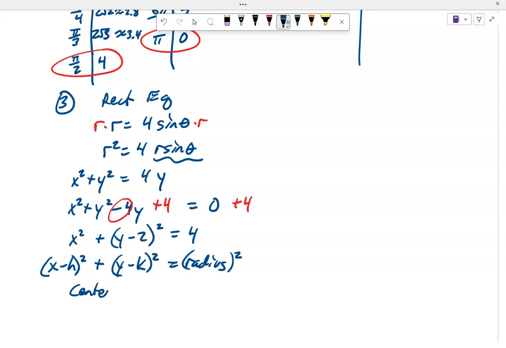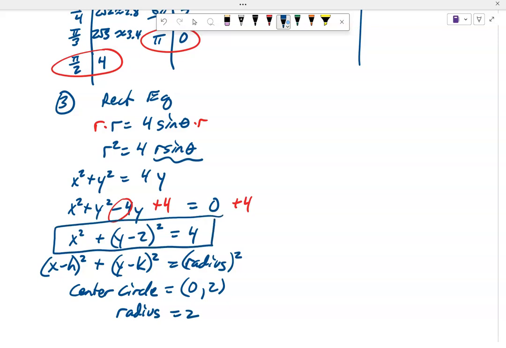The center of the circle at (h, k) is (0, 2), and the radius is 2. So that's my equation. This is not incorrect. That x squared plus y squared equals 4y is just hard to recognize as a circle, or maybe it's hard for you to recognize. But either way, this is a circle. So when you got r equals 4 sine of theta, you ended up having a circle.